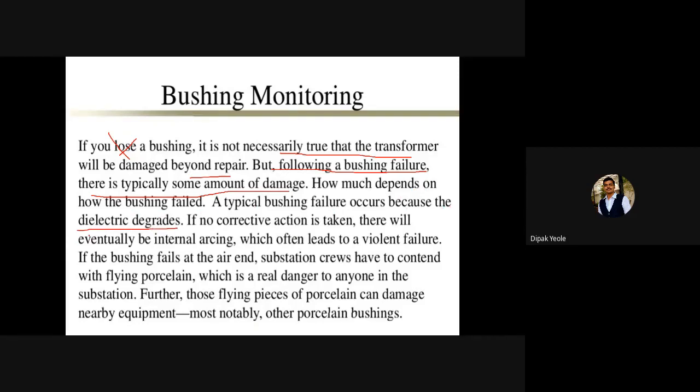We have seen the concept of dielectric also. It is nothing but a type of insulator. So if this dielectric or insulator fails, or degrades, meaning it loses its property, then because of this degradation of the dielectric, our bushing will fail.